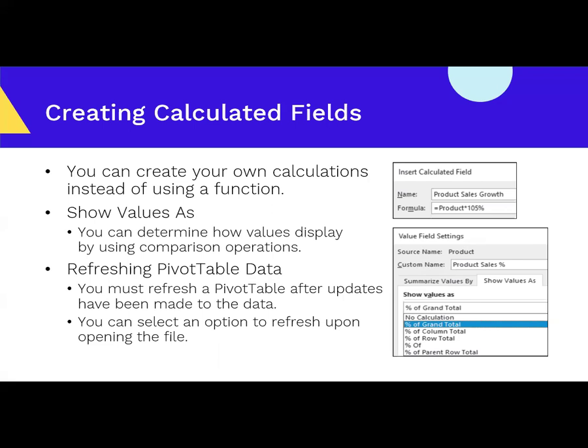You can select an option to refresh upon opening the file. So that way, if you're referencing external data sources, for example, maybe you have another spreadsheet that has all the data, and that's a different file name. When they open up just this one that has all the pivot tables, it will automatically refresh once you open up that file.